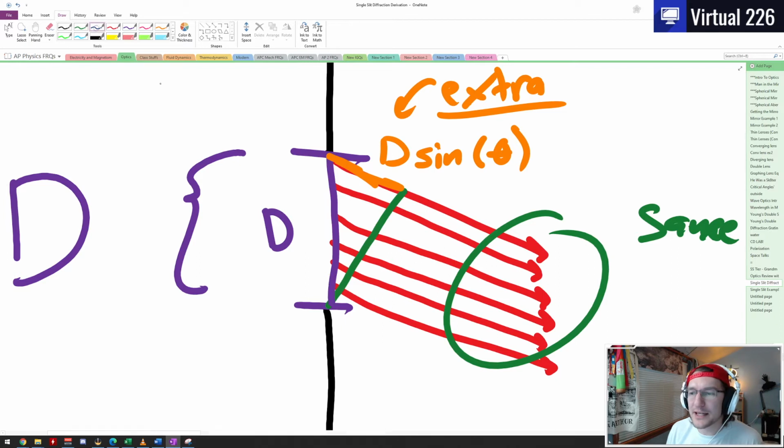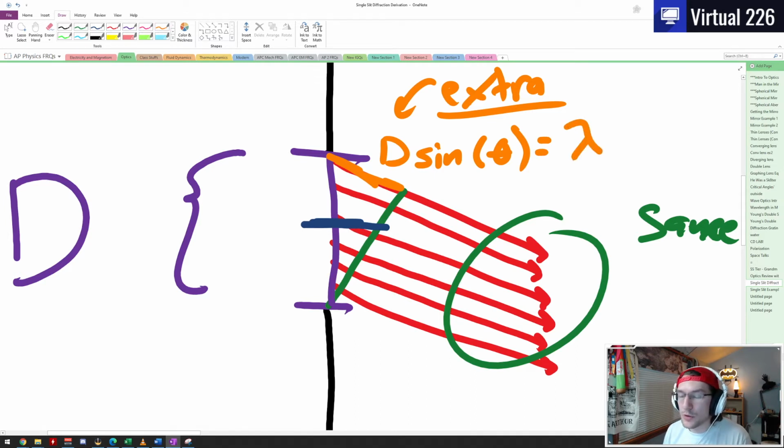And if we split this slit opening in half right here, then there is the possibility that from this halfway point we could have this D sine theta equals a whole wavelength. And at this halfway point right here, maybe the extra distance is lambda over 2.